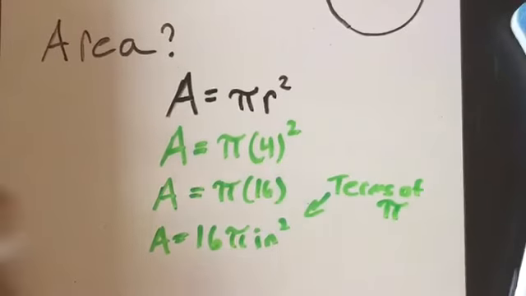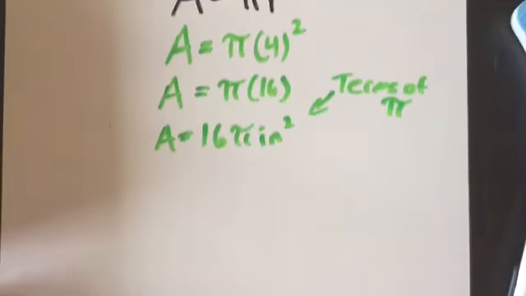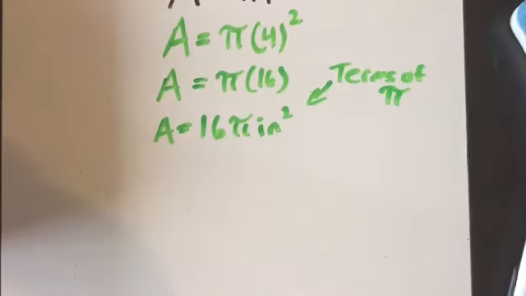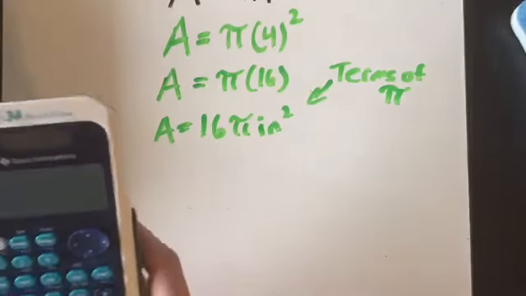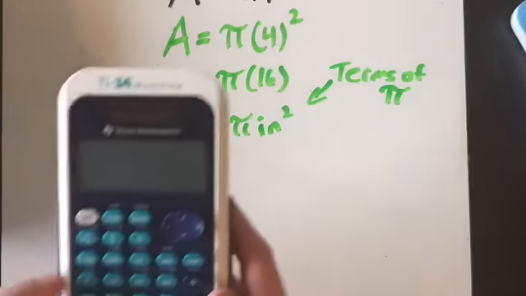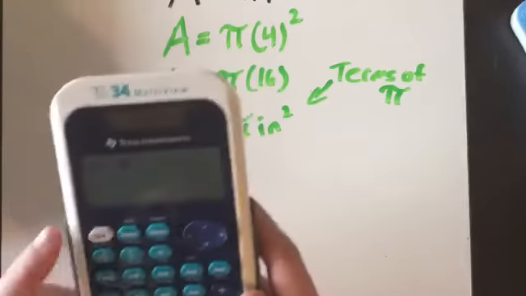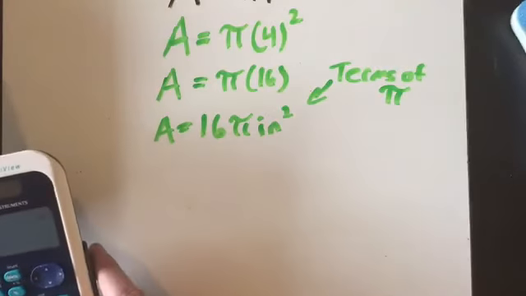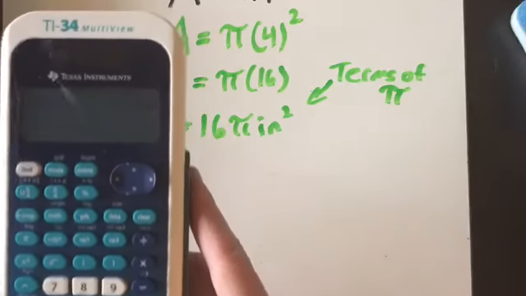If we were asked to, let's say, round to the nearest tenth, then we would need to take our calculator and multiply. So this time I'll talk through it on the TI calculator. I'm going to do 16 times, and then our pi button, which is right there, push equals, and it gives me 16 pi.